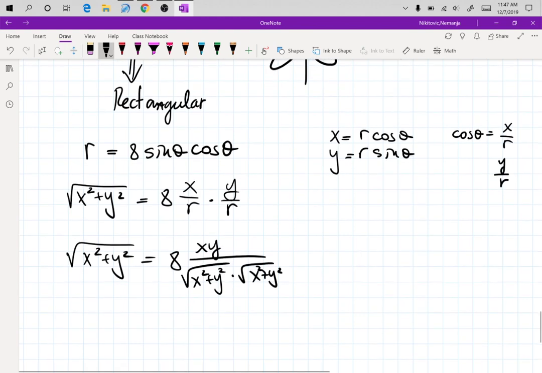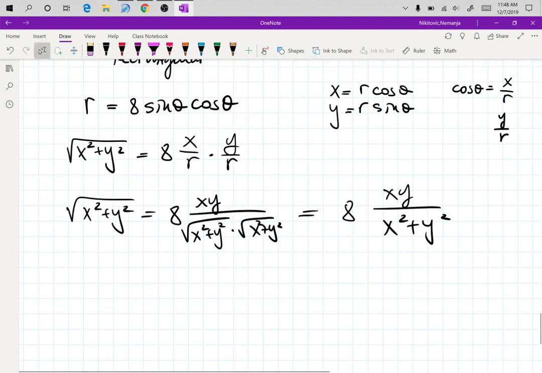And that's great because they're just going to give you a single x squared plus y squared. Now you have the same one on the other side, so you can combine them into a 3/2 exponent if you want.